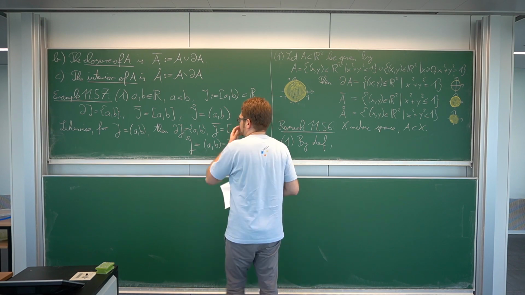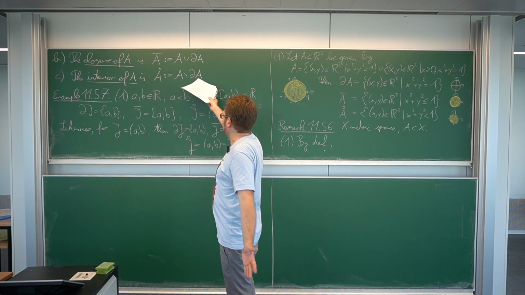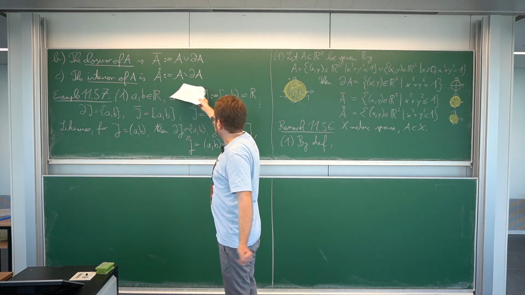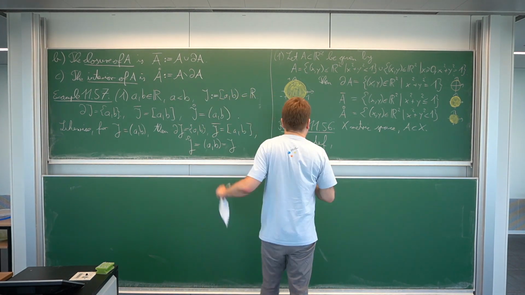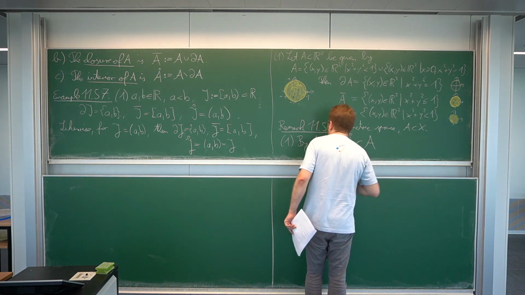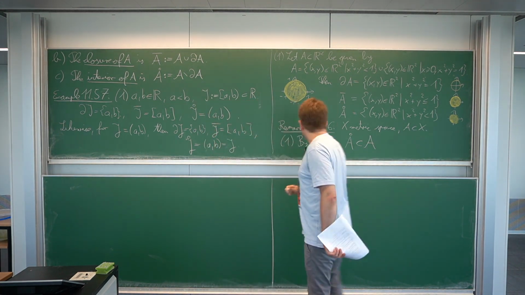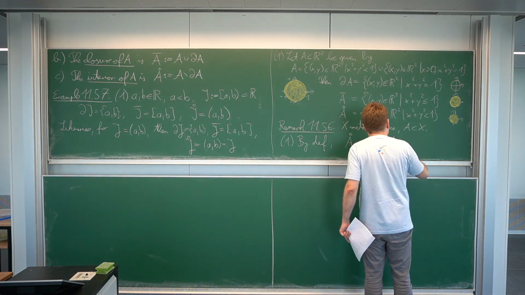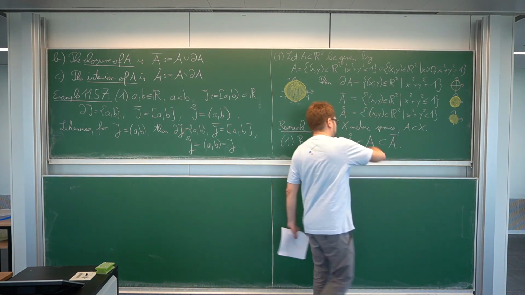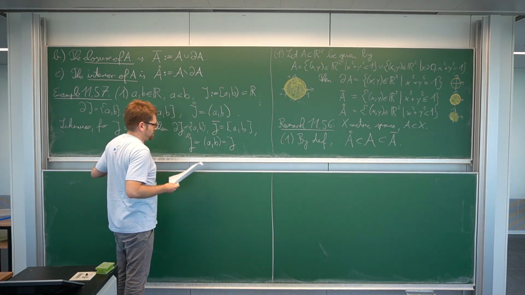Namely, the interior is removing points from A. Maybe the boundary was not included after all, but we remove something or not. What we know is that the interior is always a subset of A. And for the closure we have at least A and might add some points if they were not in there before. So A is a subset of the closure. So these inclusions always hold: A is between its interior and its closure.